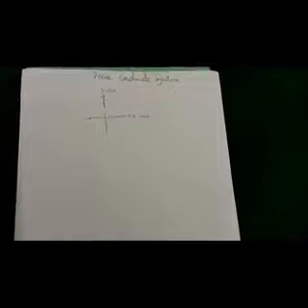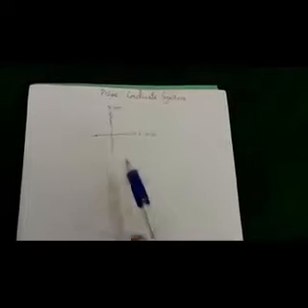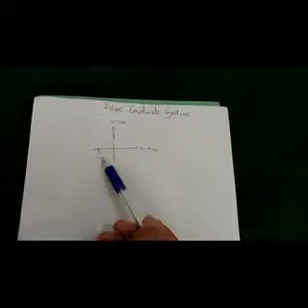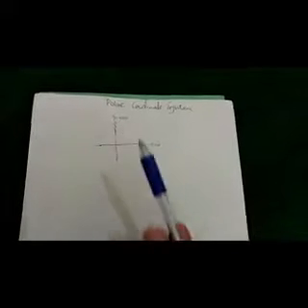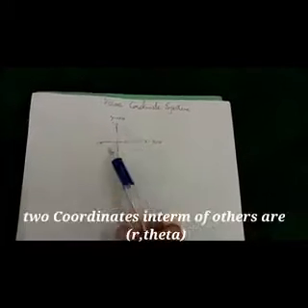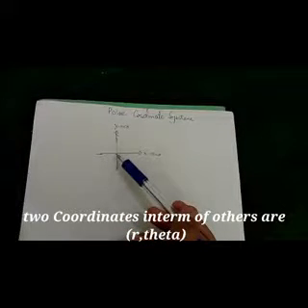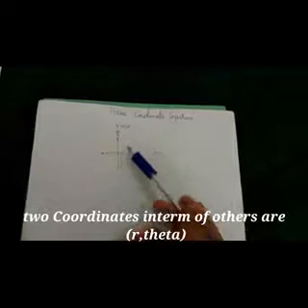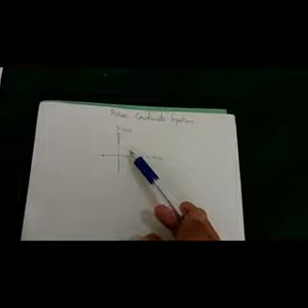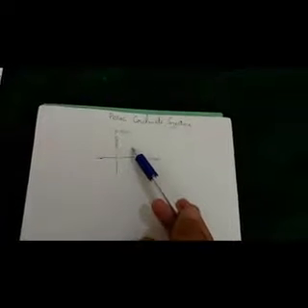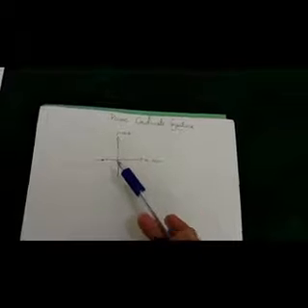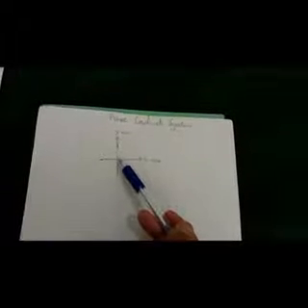A polar coordinate system is a two-dimensional coordinate system in which each point on a plane is determined by a distance from a reference point and an angle from a reference direction. Okay, you got my point?